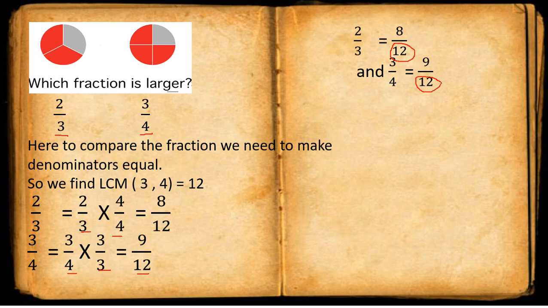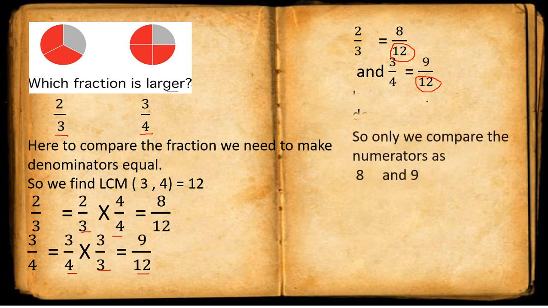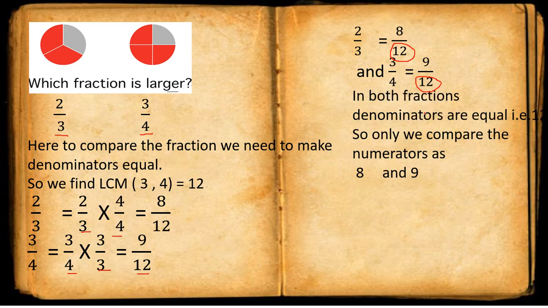Only we have to compare the digits or numbers which are in the place of numerator. Here we are getting the numbers 8 and 9. So we have to compare in both fractions the numerator 8 and 9. Now tell me which one is less, 8 or 9? So we can say 8 is less.